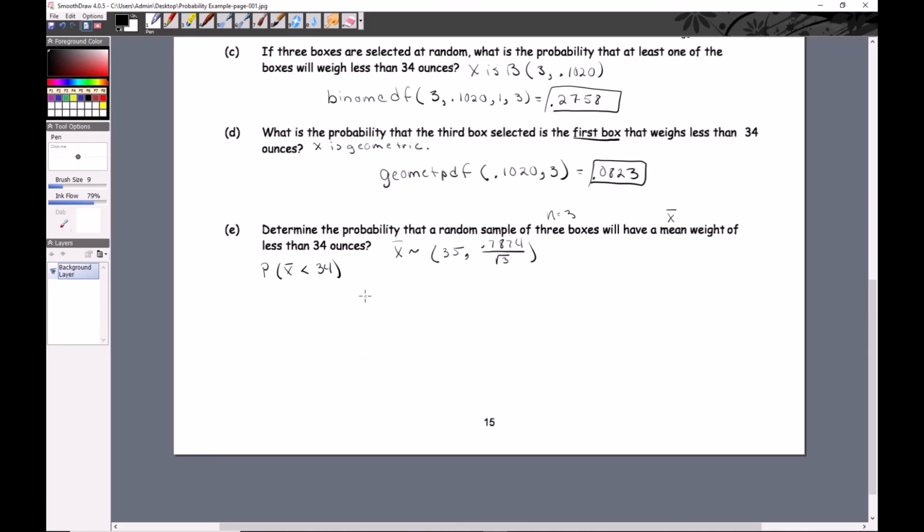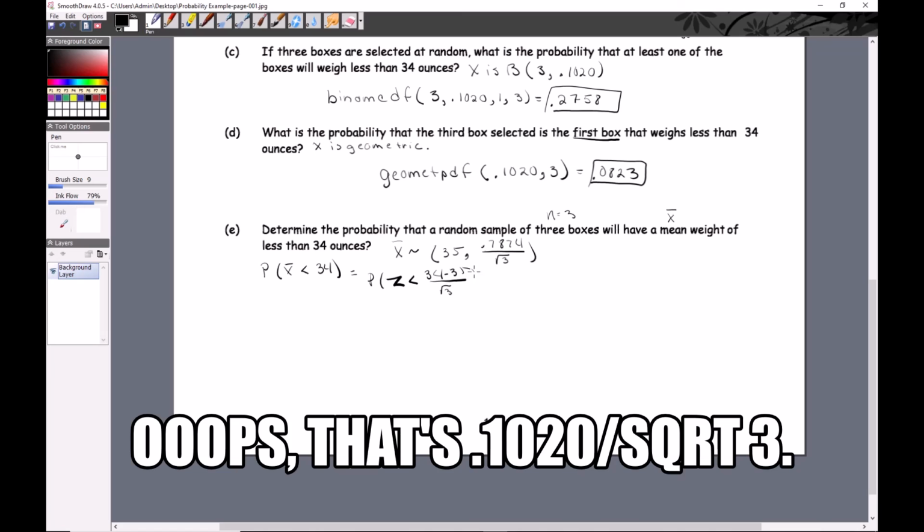All right, so let's go ahead and continue on with what I wrote here. So this is the probability that, let's go ahead and clean that off, this is the probability that x bar, z is less than 34 minus 35 adjusted by square root of 3.